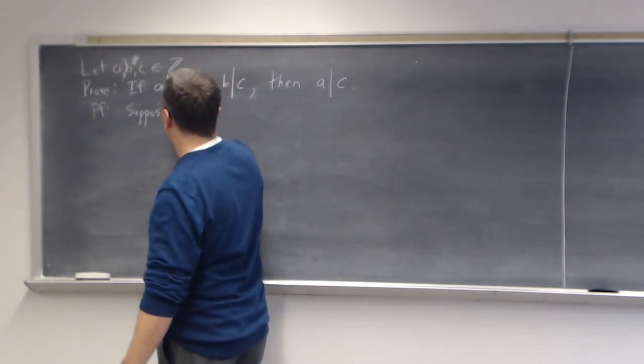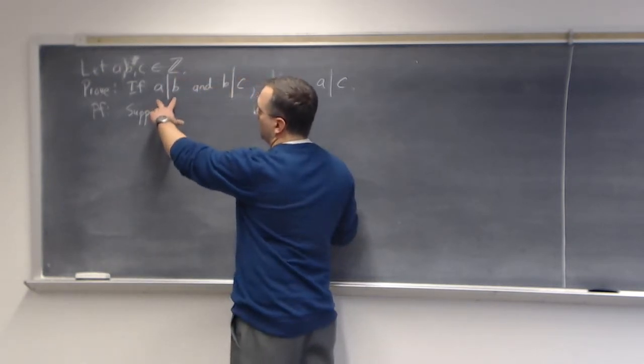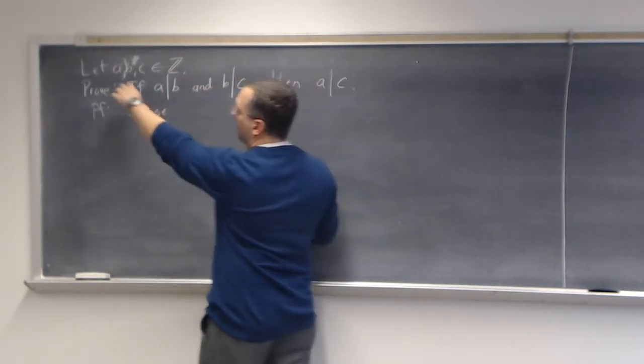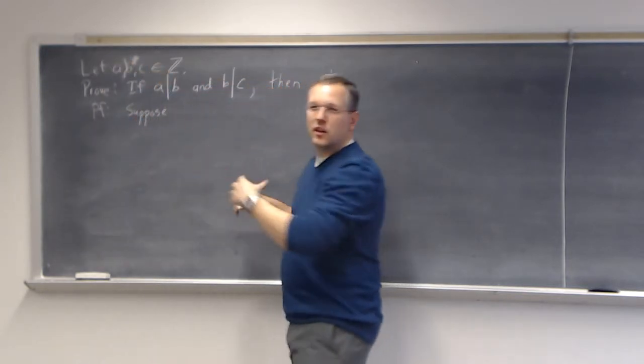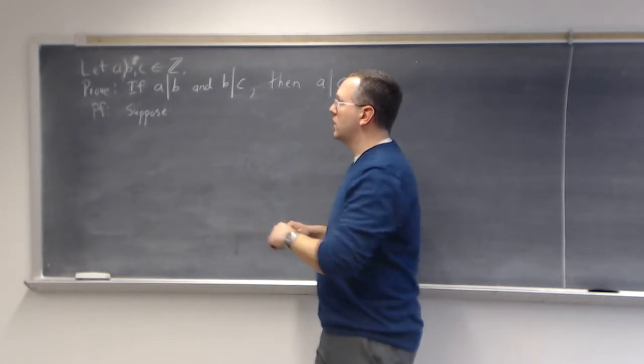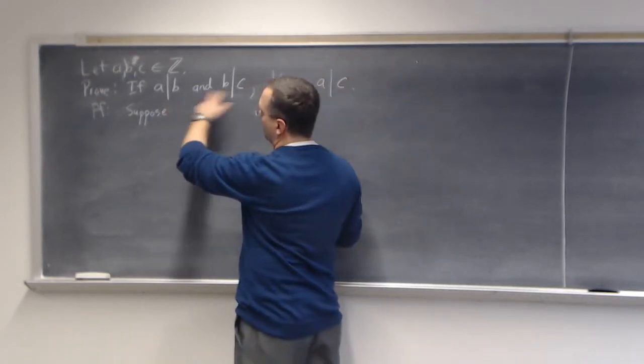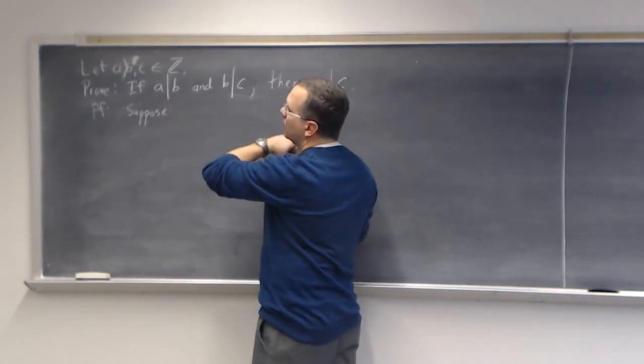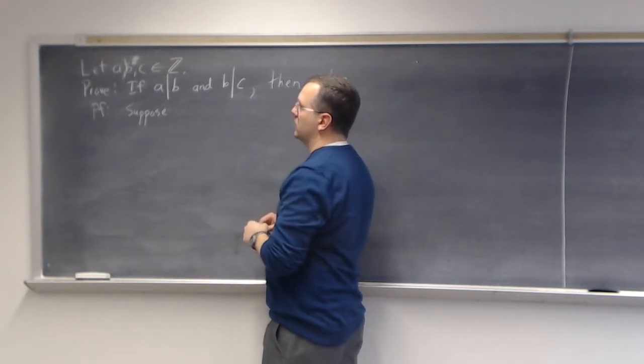suppose, and oftentimes, to make this statement a little easier, I'm making this assumption that A, B, and C are integers. Oftentimes that's pretty much all we're going to deal with in this class, either integers or natural numbers. So it's often clear what A, B, and C are. We've only talked about integers dividing integers.